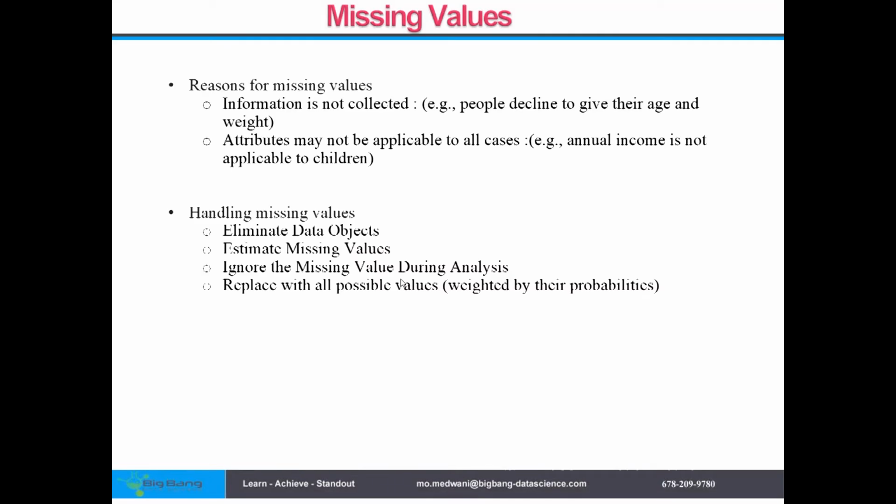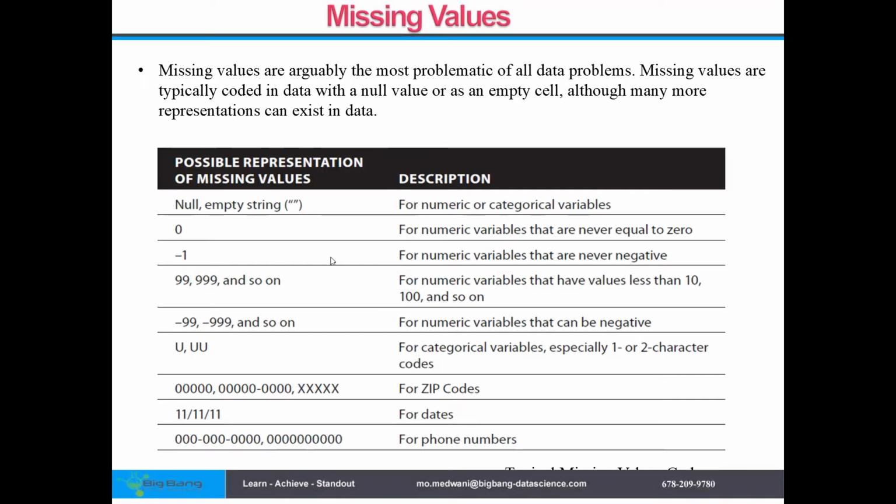So we learned about the type of missing values. We learned to look into other things that might be missing values, like the zeros, like numbers, because most of the common methods used to take missing values are designed around the null or empty string.